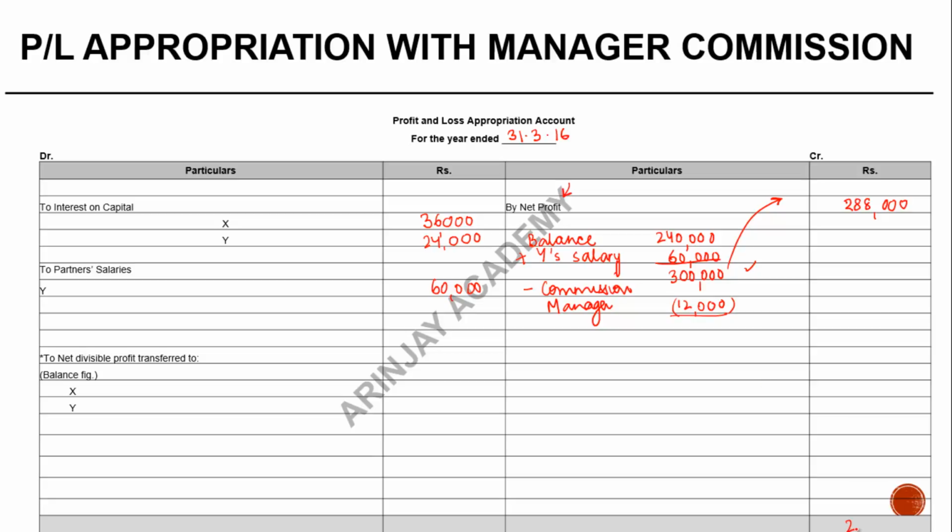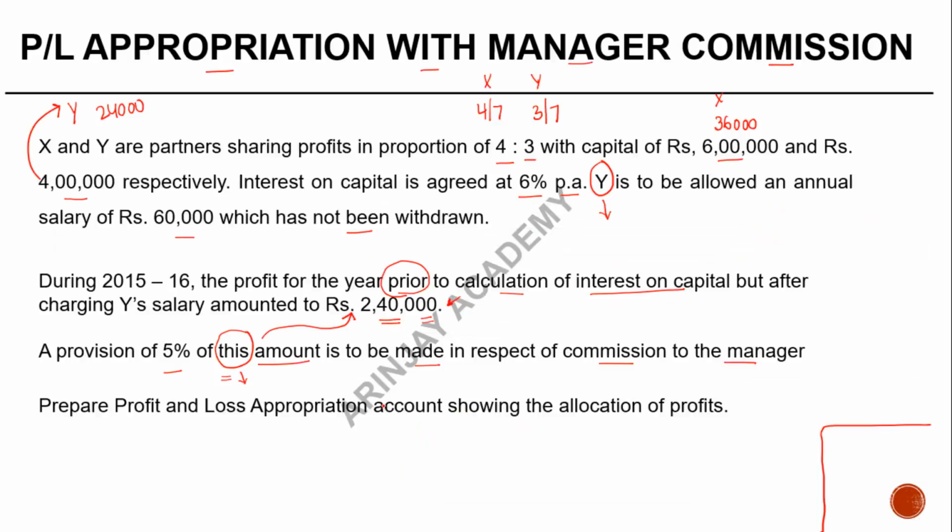So if I just total the two sides, 288 is what I have over here, and 288 is what comes here. From this 288, I have to reduce 36 plus 24, which is 60, plus 60, which is 120. So the total profit available for distribution is 1,68,000. What was the share of profit of X? It was 4/7, and Y was 3/7.